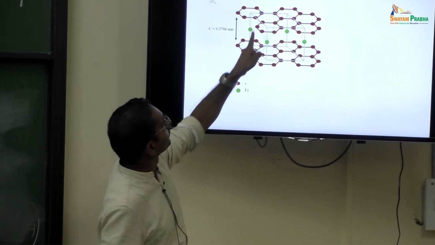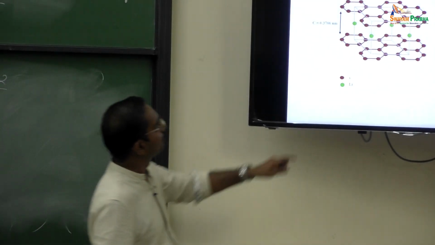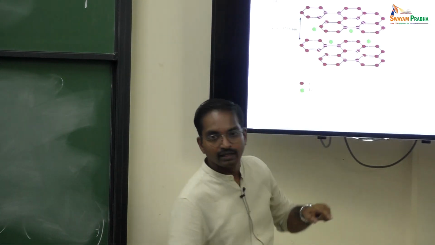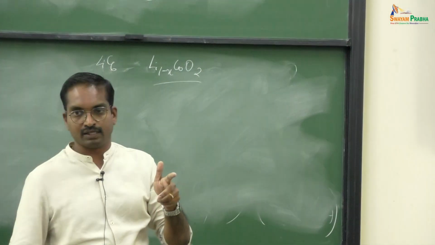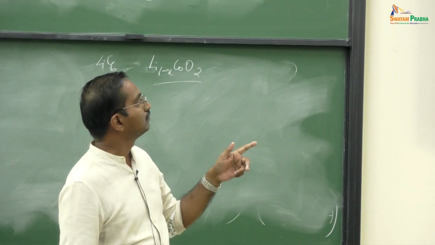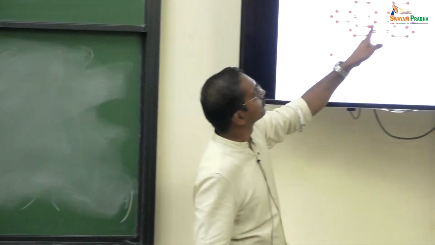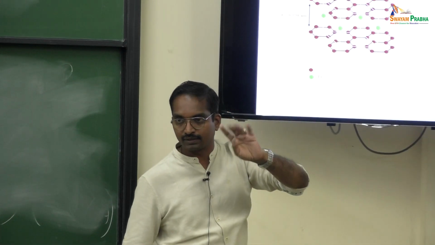Then from here, how many atoms are there? 1, 2, 3, 4, 5, 6, 7, 8. 8 into 1/4 gives 2. So from the edges you get 2, totally 4 atoms, right?